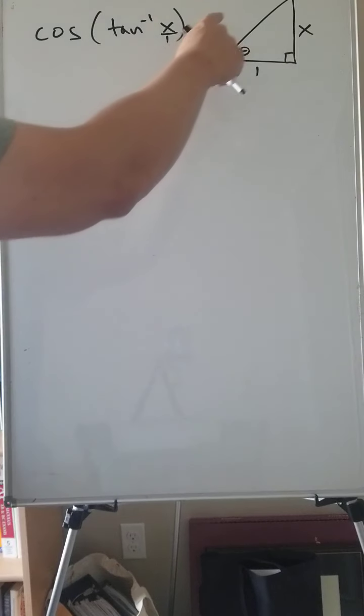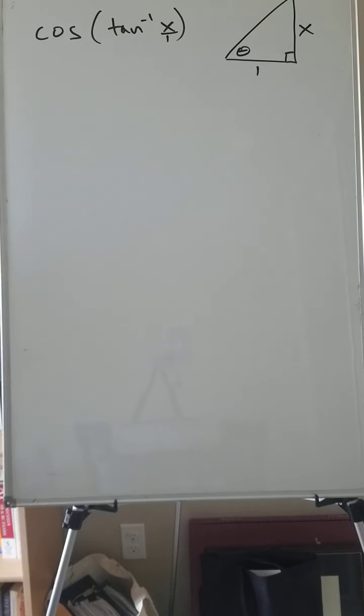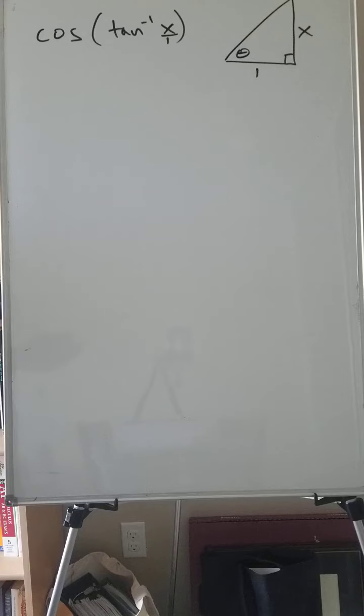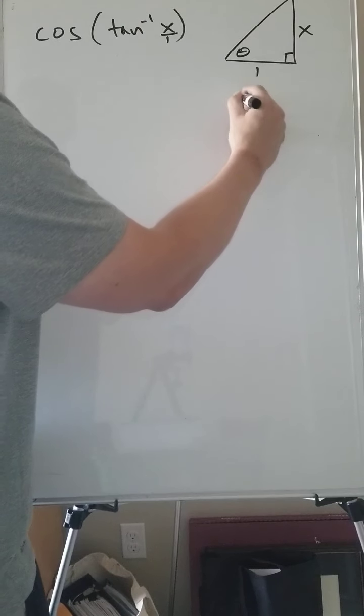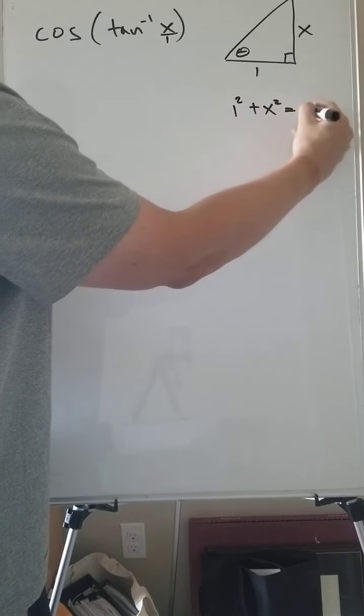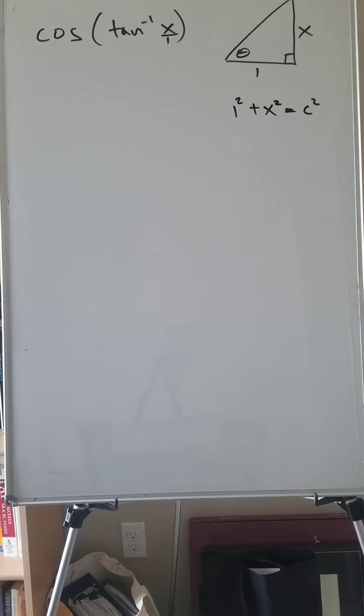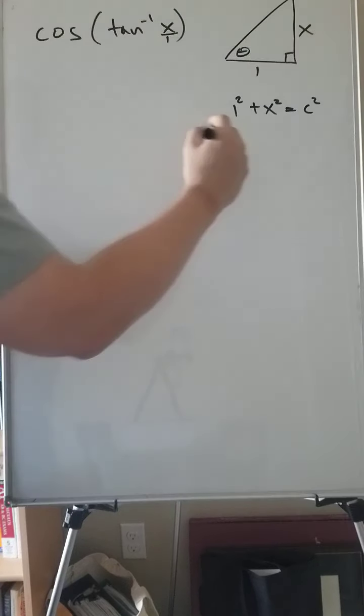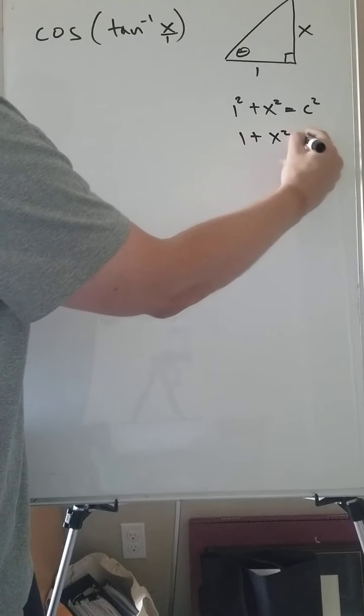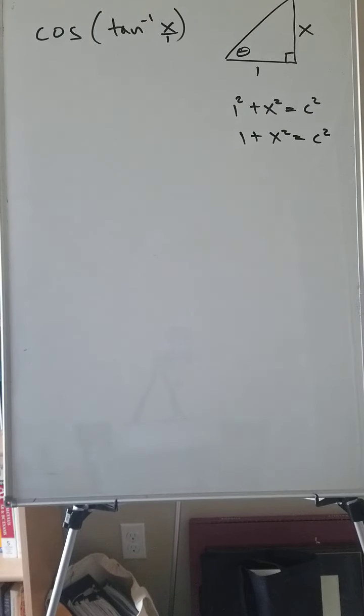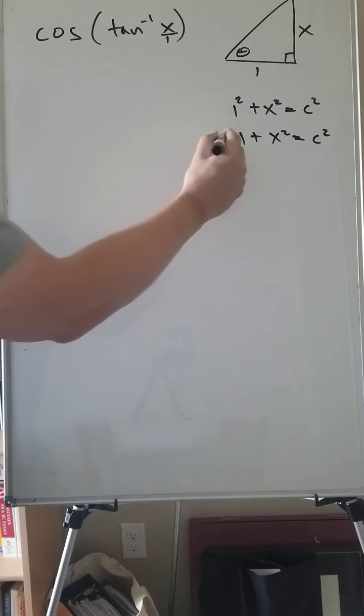And so if I want the missing side here, well, how do you find the missing side in a right triangle? You use the Pythagorean theorem. So I know that 1 squared plus x squared equals c squared. Just call the hypotenuse c for now. And 1 squared is 1, so I get 1 plus x squared equals c squared. I'll take the square root on both sides.